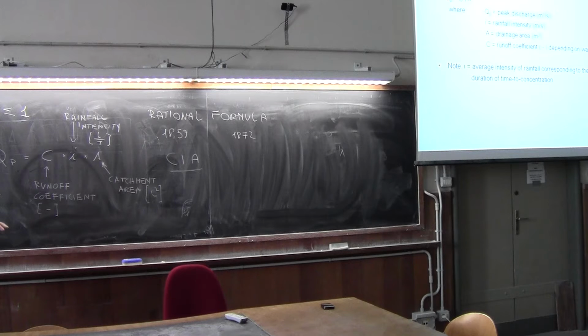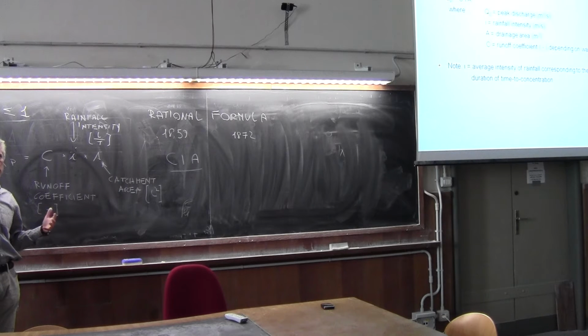I mentioned the spatial variability of rainfall because here there is a hidden assumption, which means that rainfall is extended over the whole area A of the catchment. Because if you multiply rainfall times the area A, it means that you are assuming that you have rainfall over the whole catchment. This is not always true, of course, because rainfall is extremely spatially variable.